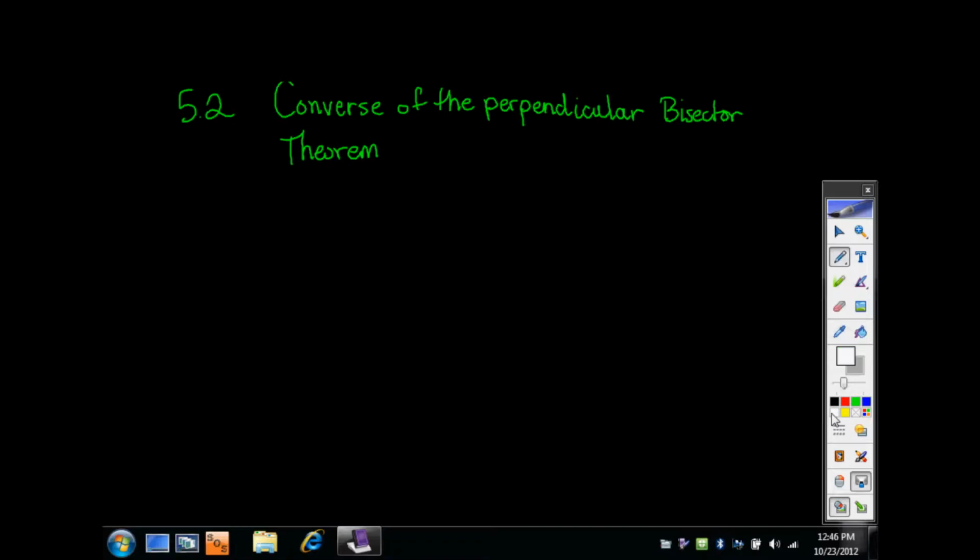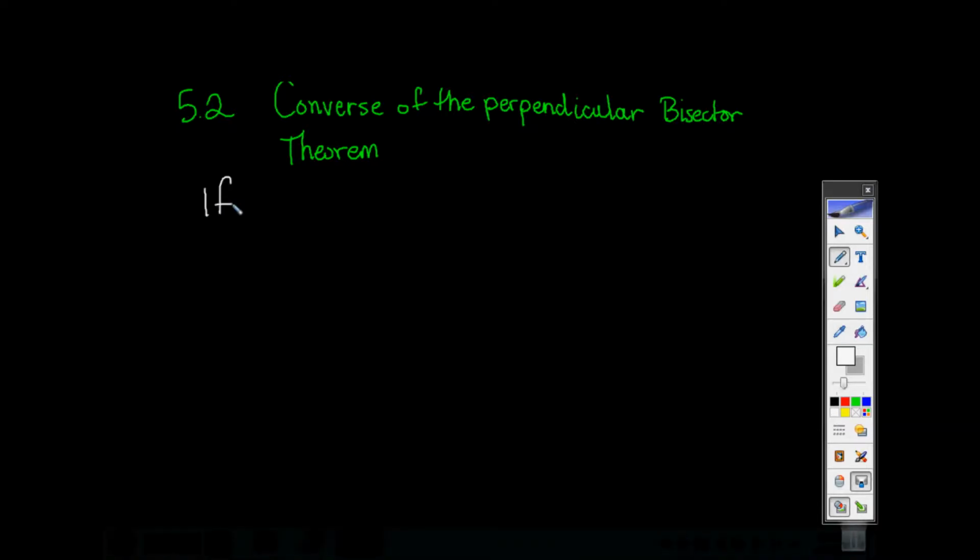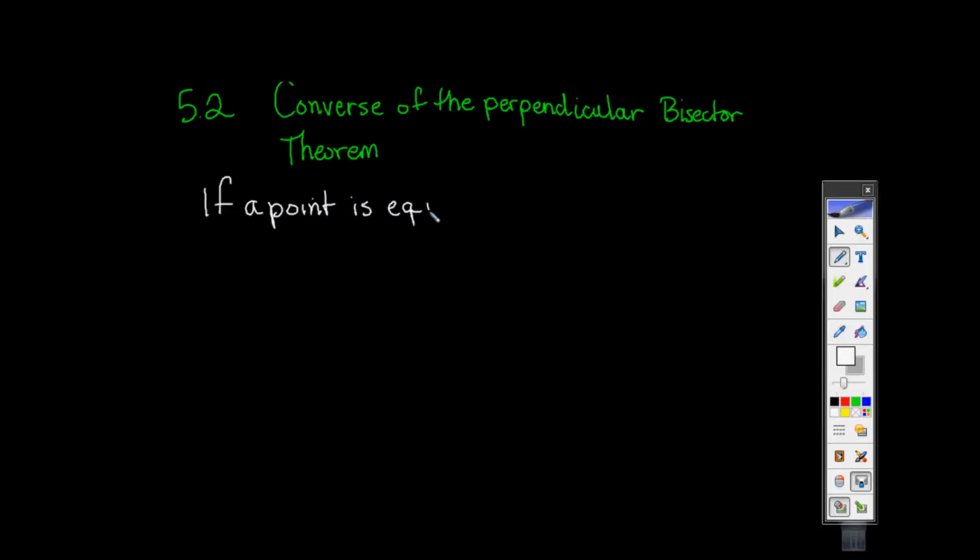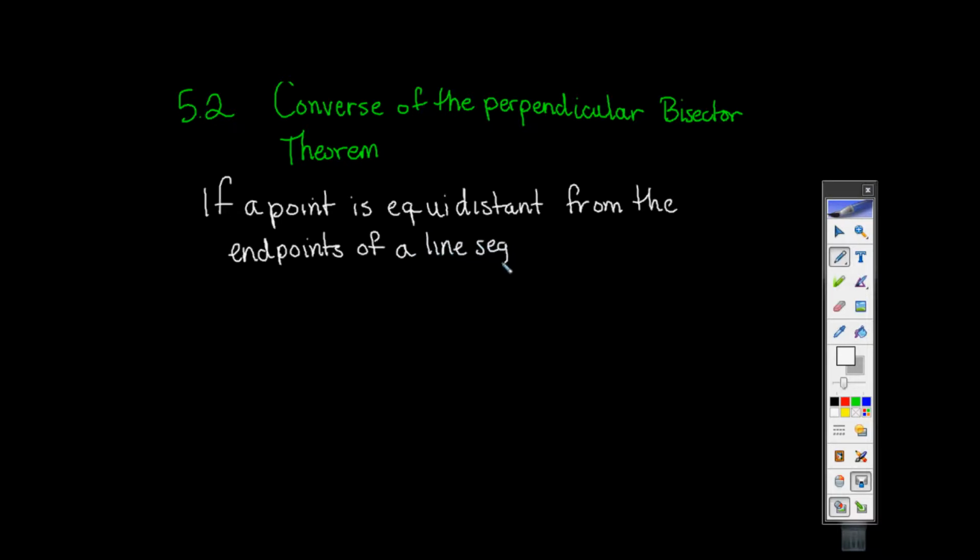So what this theorem states is that if you have a point that's equidistant from those endpoints, that makes it on a perpendicular bisector.